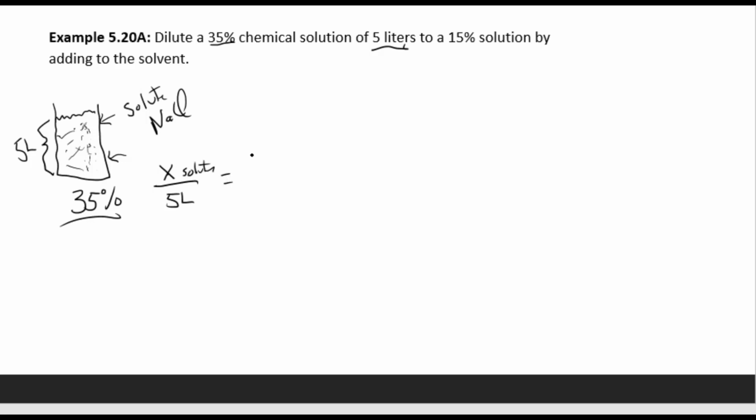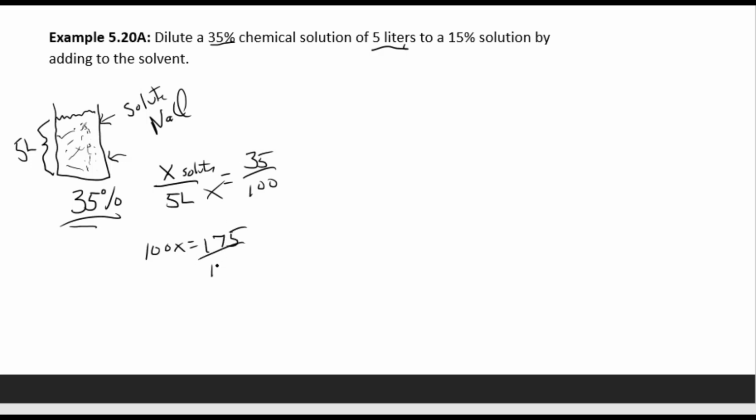If 35 out of every 100 particles, which is 35%, is the concentration, I'm going to cross multiply and divide here. And I get 100 times X equals 175.